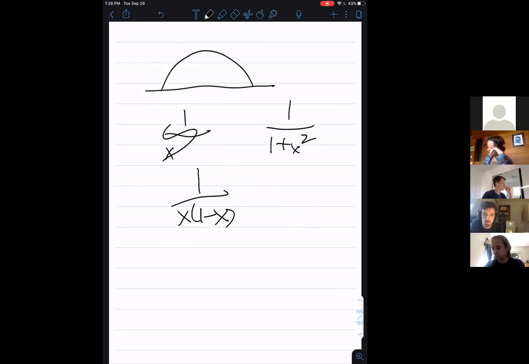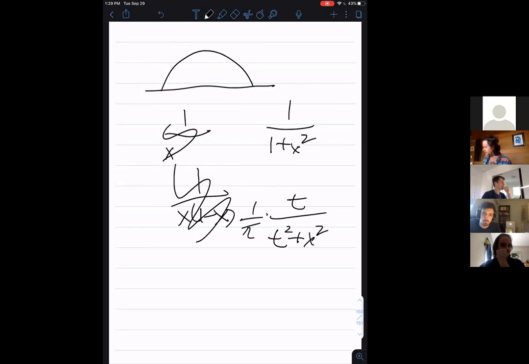No, maybe, sorry, you're probably correct, actually. No, you're correct. So at least in a special case, it's given by this, and then maybe there's a more general case where it's t over t squared plus x squared with a normalization of 1 over pi. So I believe that does fit in this framework.